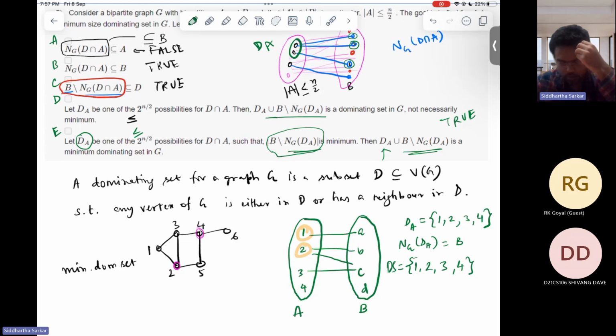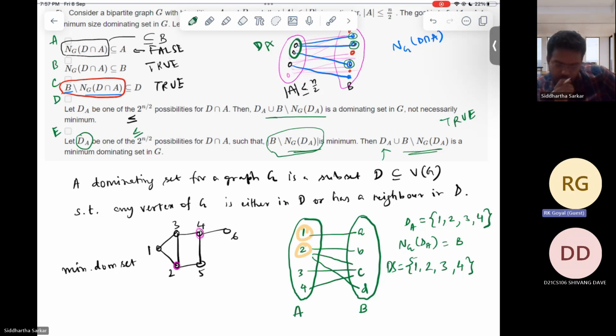And now we want C everywhere. This time I won't be taking dA as 1, 2, 3, 4.